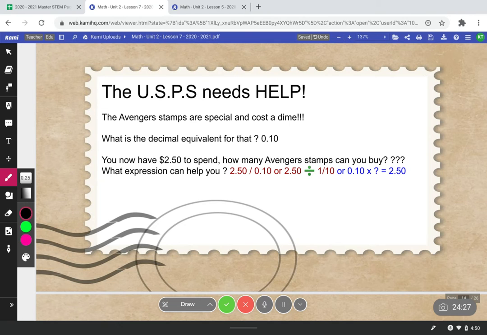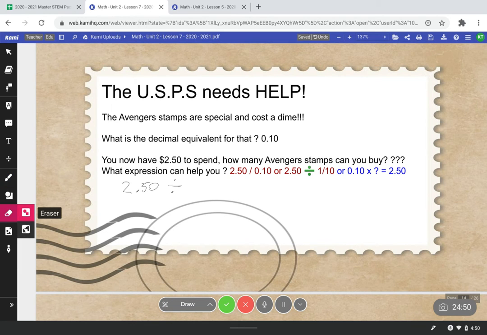So I now have $2.50. How many Avenger stamps can you buy? So I am dividing $2.50 divided by 10. Oh, my bad.